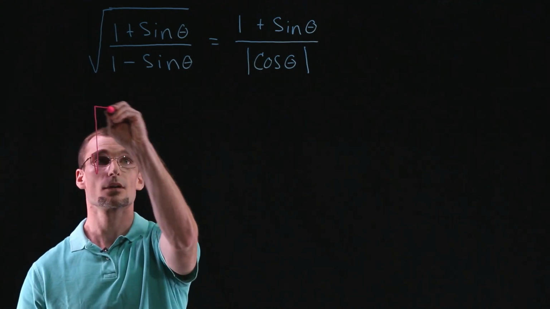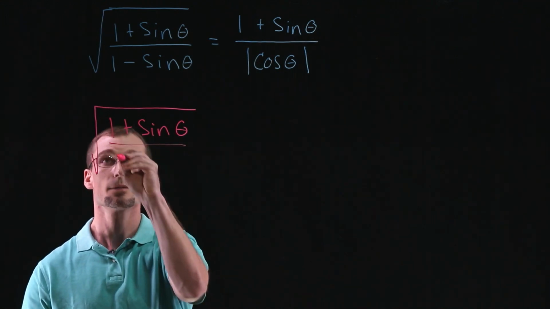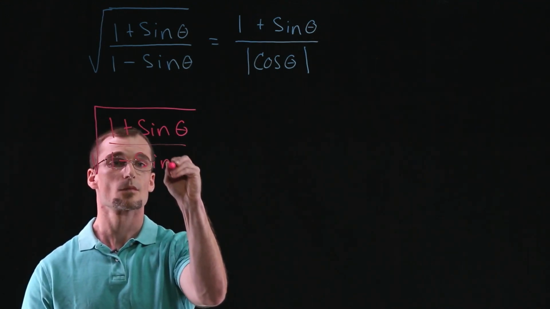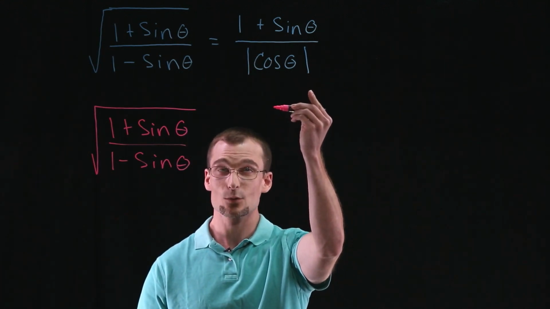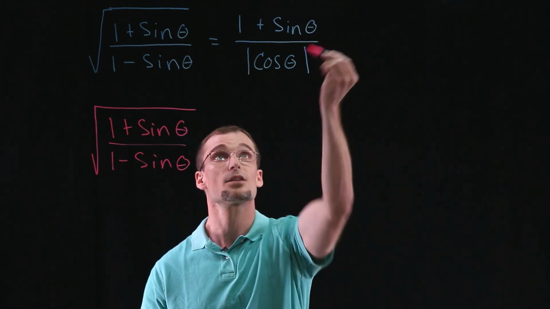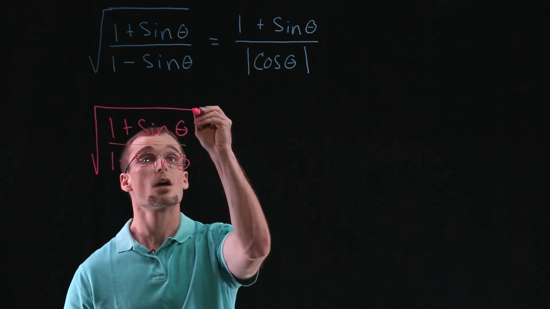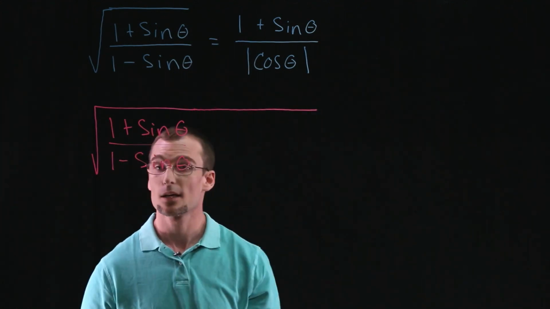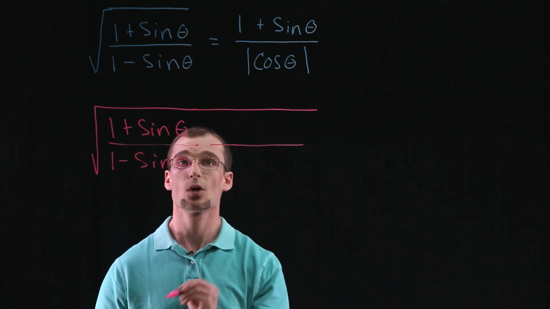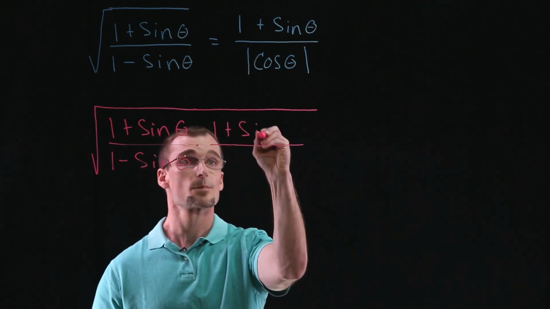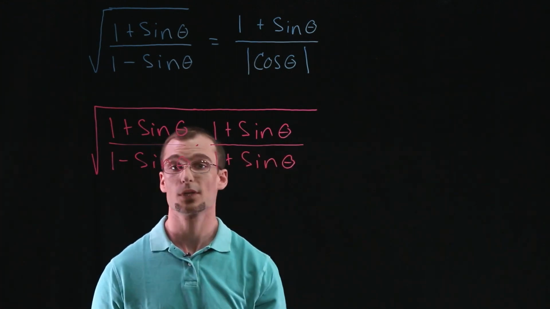So we'll take the square root of 1 plus sine theta divided by 1 minus sine theta, ignoring the absolute value of cosine theta for a moment and just working on getting the numerator 1 plus sine theta. We said if we take the square root of something squared, we get it back, and we're going to develop that by multiplying underneath our square root by 1 plus sine theta divided by 1 plus sine theta.